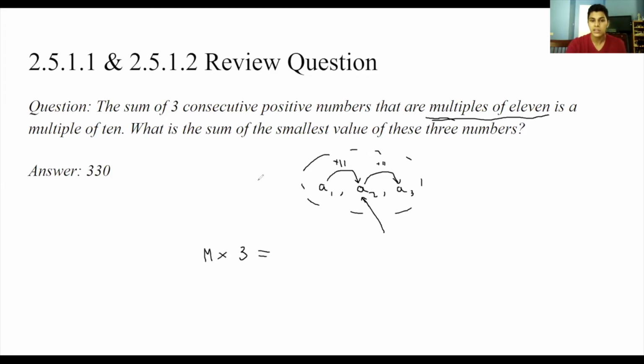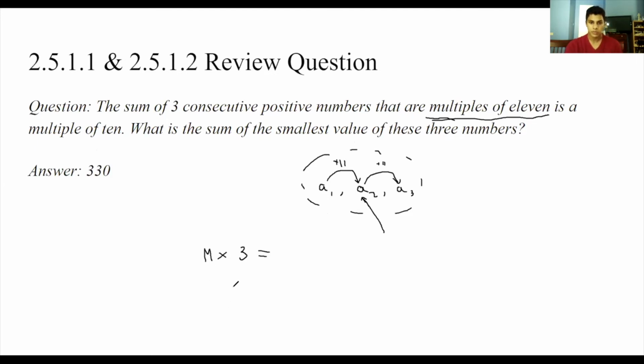And it doesn't tell us what the sum is, but what it does tell us is the sum is a multiple of 10. So now what we need to think about is, since it says what is the sum of the smallest value of these three numbers, what value of A2 is the smallest multiple of 10 possible that's also a multiple of 11.